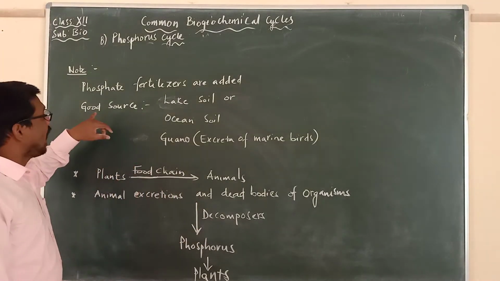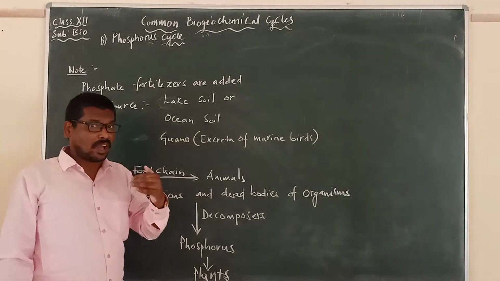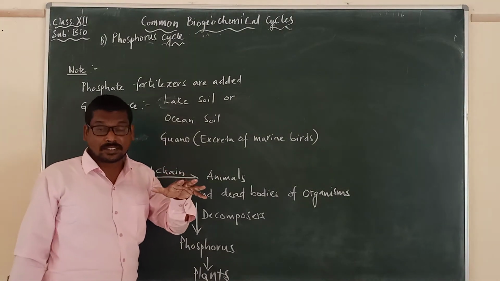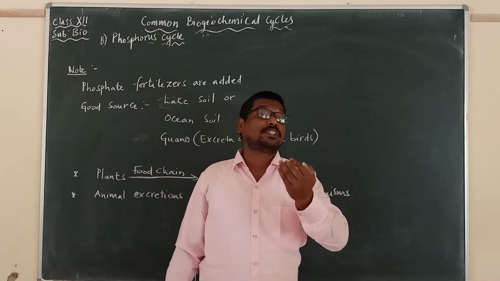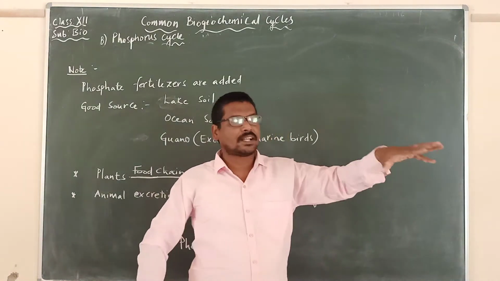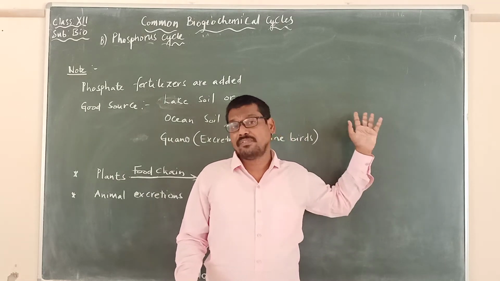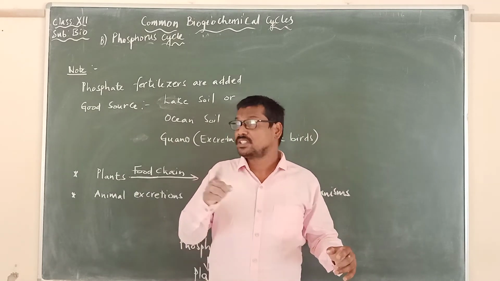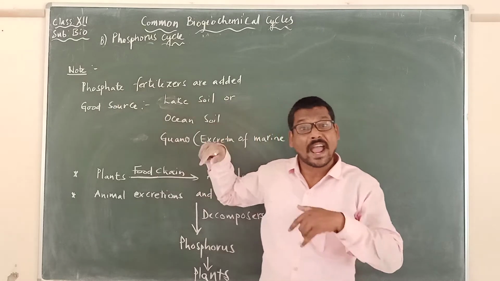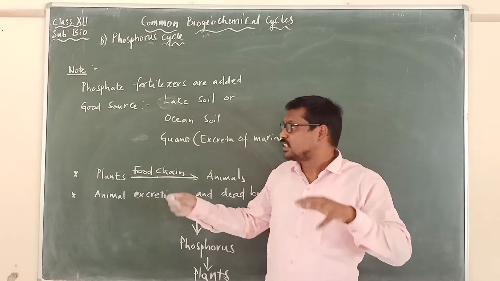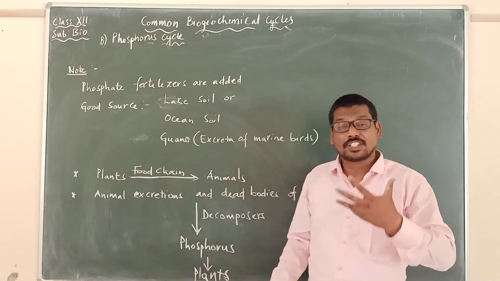There are chances that there may be a deficiency of phosphorus in certain soil, because it is continuously used. How is it replaced? Either by the various ways that we have seen, or otherwise phosphate fertilizers are added into the soil. But what are the good sources of this phosphate?